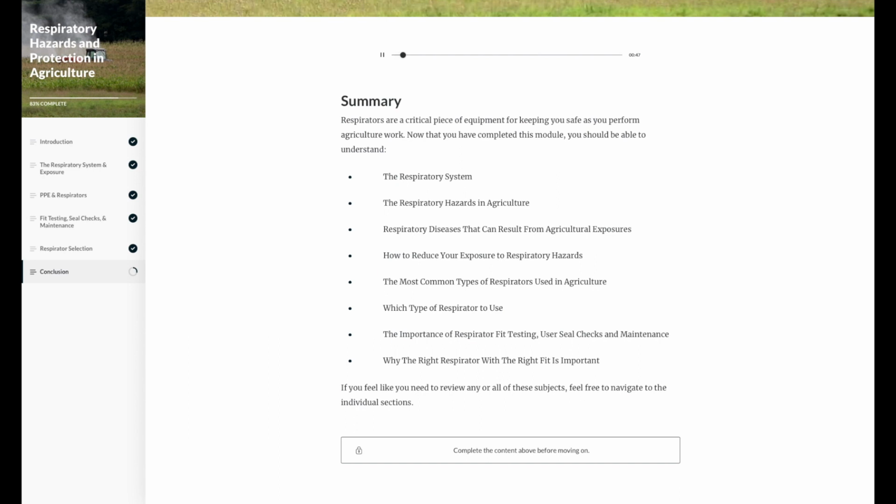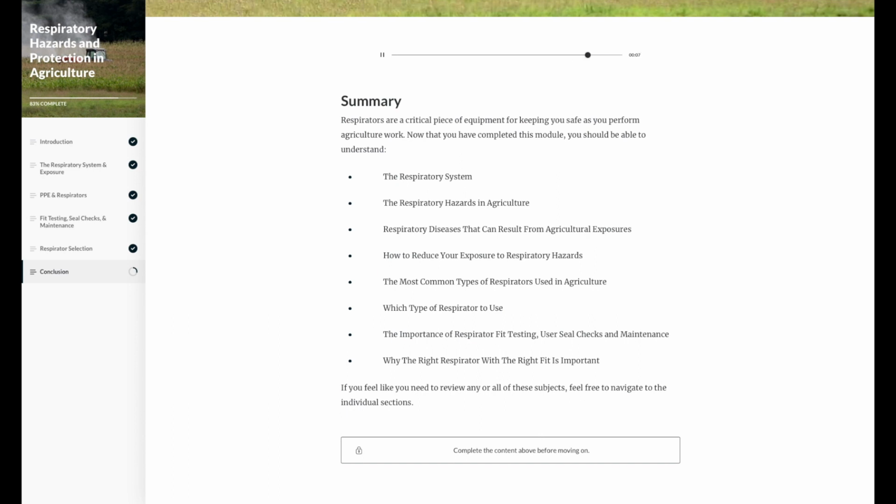Respirators are a critical piece of equipment for keeping you safe as you perform agriculture work. Now that you have completed this module, you should be able to understand the respiratory system, the respiratory hazards in agriculture, respiratory diseases that can result from agricultural exposures, how to reduce your exposure to respiratory hazards, the most common types of respirators used in agriculture, which type of respirator to use, the importance of respirator fit testing, user seal checks, and maintenance, and why the right respirator with the right fit is important.